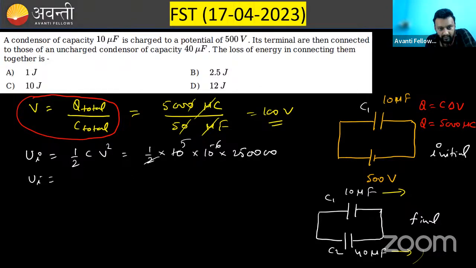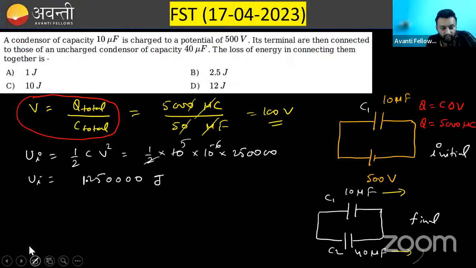So U initial will become 125 with four zeros, and 10 to the power minus 6. That is 1.25 joule, the initial energy. You can recheck the calculation yourself. Initial energy stored in the capacitor is this much.